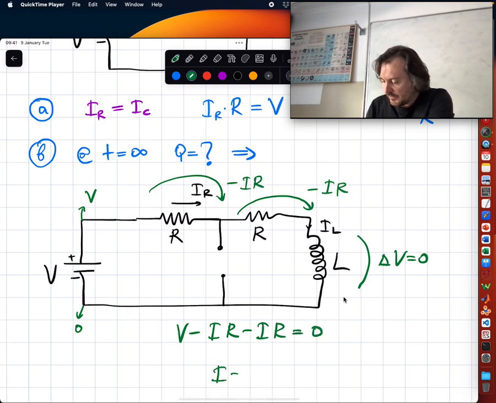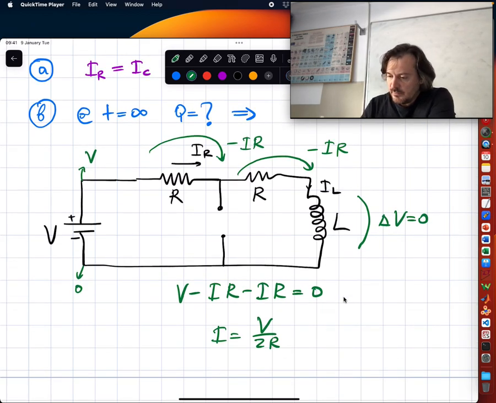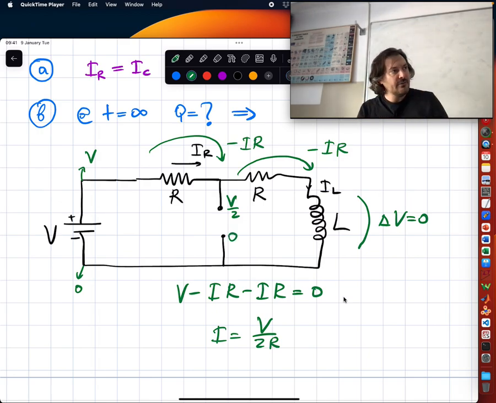I is equal to V over 2R, which means that over here the potential was V, but after this we lose IR, which is V over 2. So this point is V over 2 and this point is 0. So the capacitor plates have a potential difference of V over 2. Did you follow this or not?